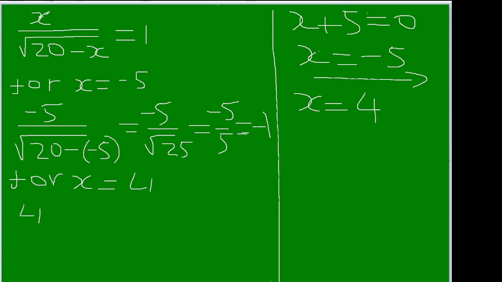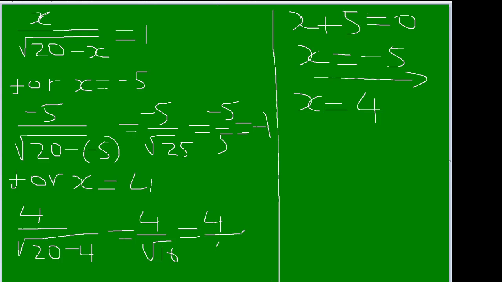We have 4 divided by the square root of 20 minus 4, which is 4 divided by the square root of 16, which is 4 divided by 4, which is equal to 1. So it is equivalent to the one we got here. That is our correct solution.